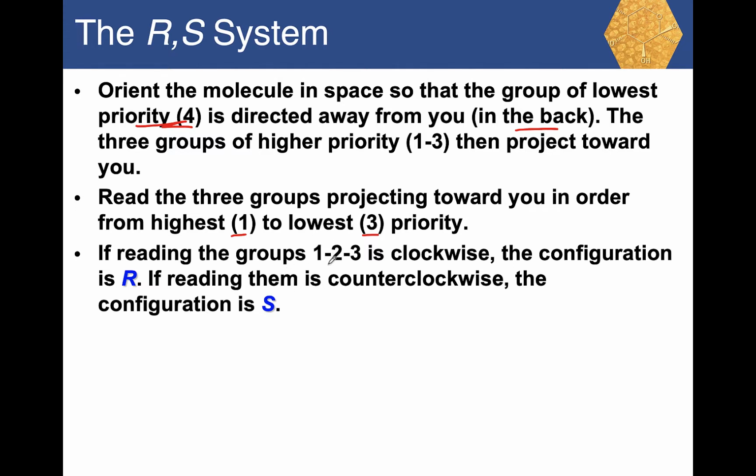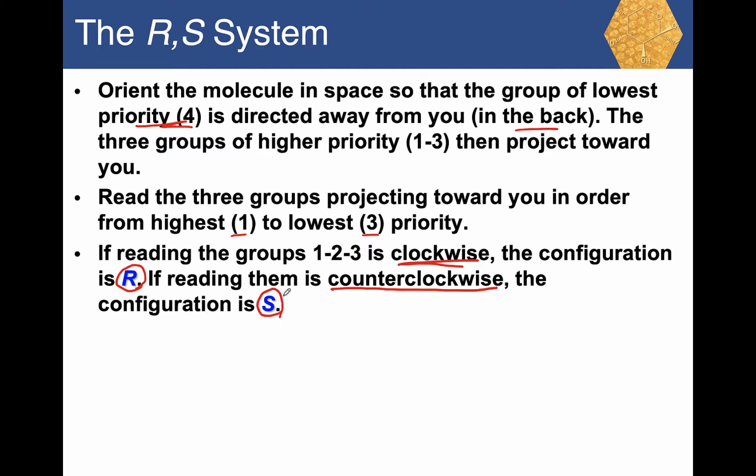If the direction is clockwise, it's an R. I remember here a clock is from the old school clock, not a digital clock, where you have 1 through 12 in a circle, and the minute hand goes clockwise or counterclockwise. So 1, 2, 3, if it's clockwise, it's an R, and if it's counterclockwise or opposite, it's an S.